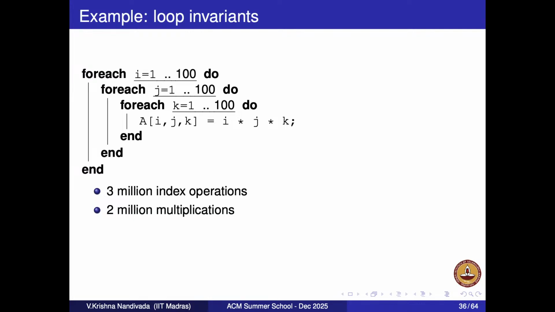And i and j are the same value because they are not being incremented in the innermost loop. So you are saying i and j's values are not changing. Instead of i times j, now we broke it down to i's value is not changing, j's value is not changing.